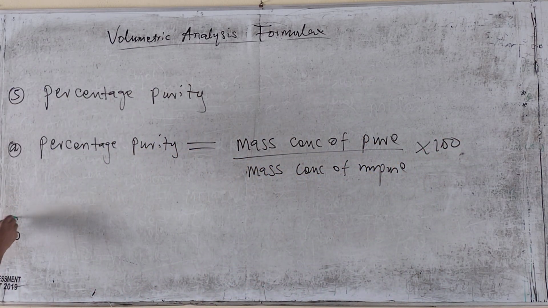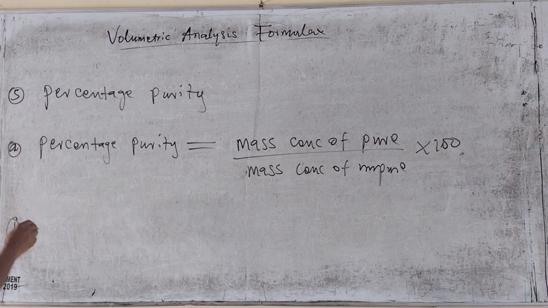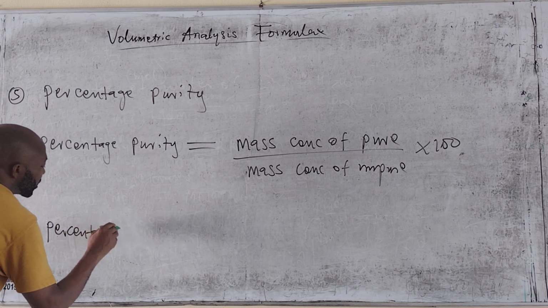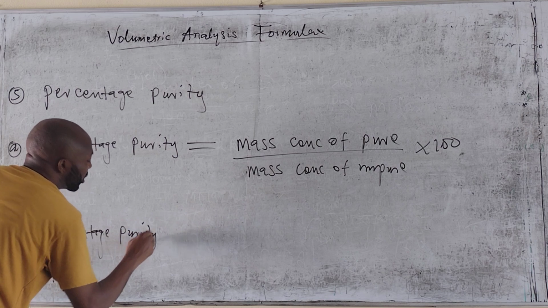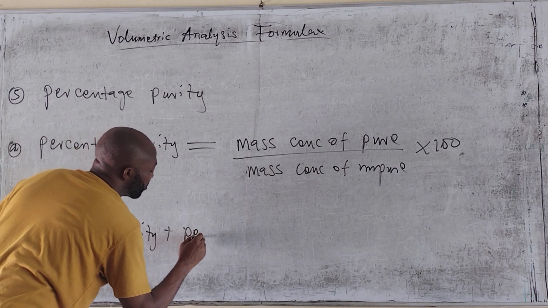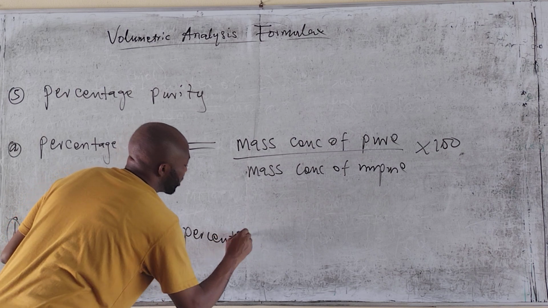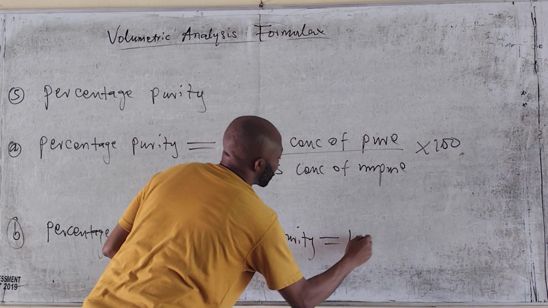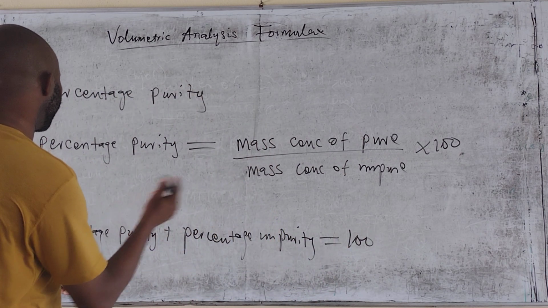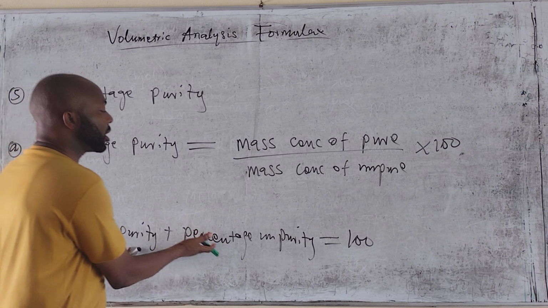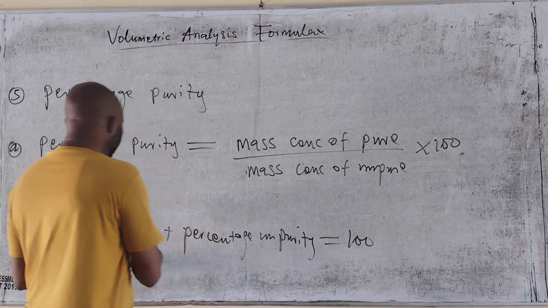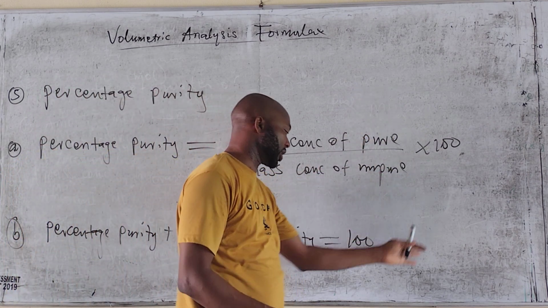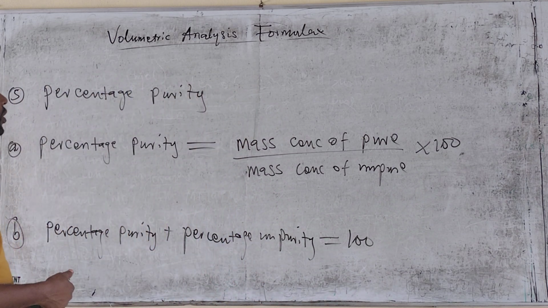B, we have percentage purity plus percentage impurity is equal to 100. So when you've gotten your percentage purity, you put it here. You can easily get a percentage impurity by making this the subject of formula. You take this across, 100 minus whatever is the percentage purity gives you the percentage impurity.